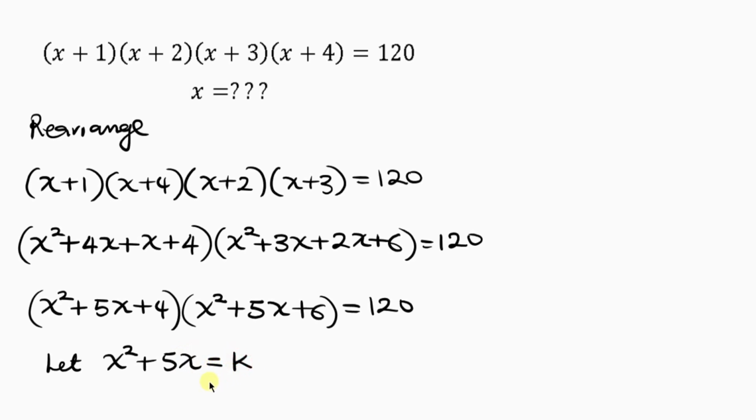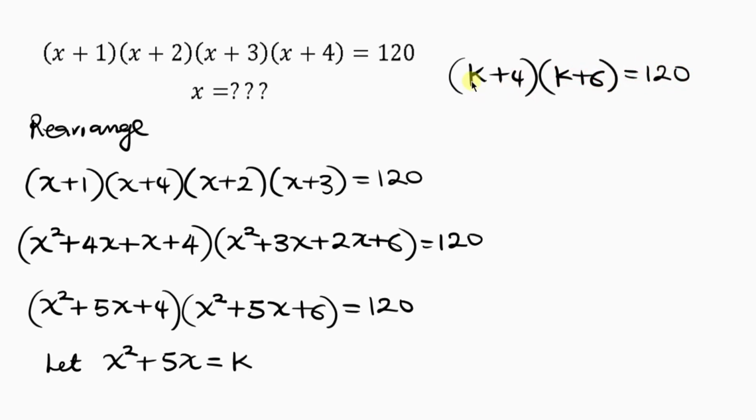So let's go ahead and substitute k for x squared plus 5x. So this is x squared plus 5x, I'm going to put k there, plus 4, times, now I'll be doing the same thing, this becomes k plus 6, so (k + 4)(k + 6) equal to 120.